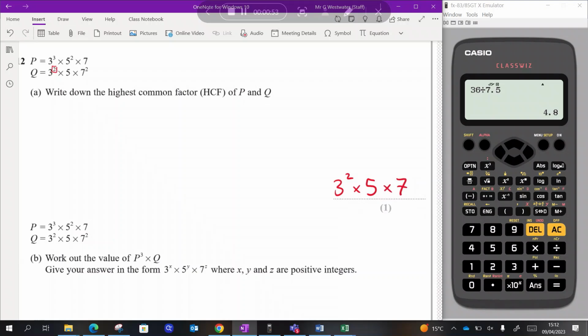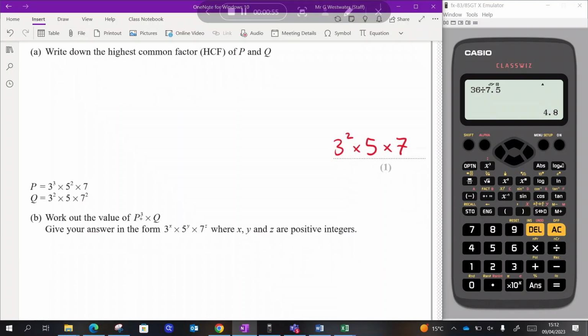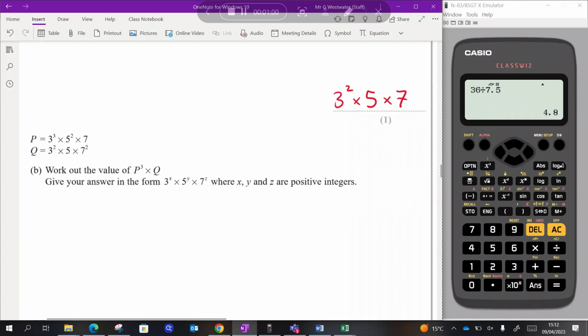Okay. Now in part B, we're looking to work out the value of P cubed times Q. So P cubed, and it says give your answer in this index form as well. So P cubed is going to be 3 cubed times 5 squared times 7, that's P cubed, times 3 squared times 5 times 7 squared. Okay. Now when we've got a power outside, we multiply the indices together.